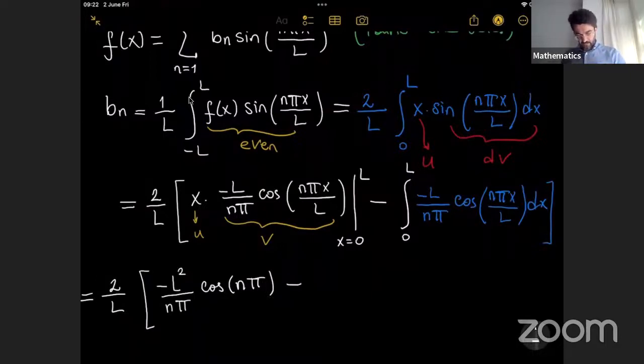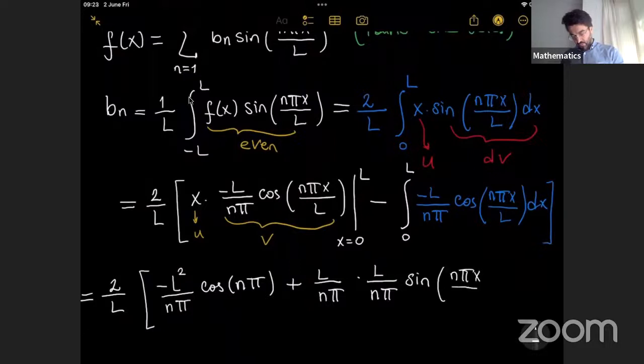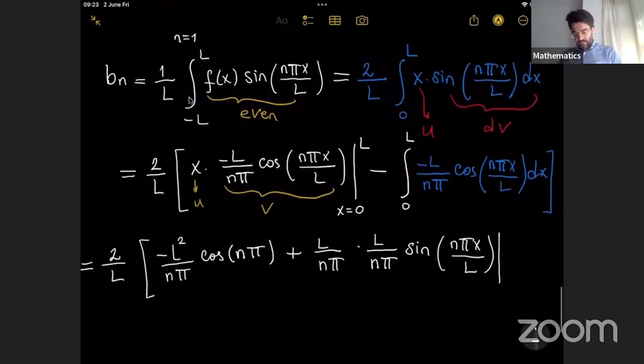Minus plus L over n pi, the integral of the cosine function is sine, so it's going to be L over n pi sine n pi x over L. Here, for this one, we will plug in x equal to 0 and L.